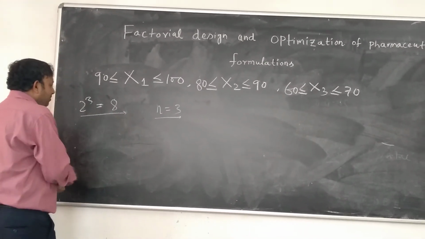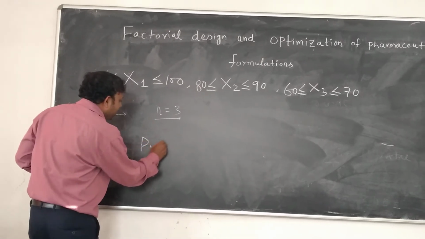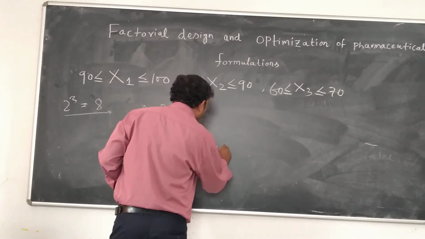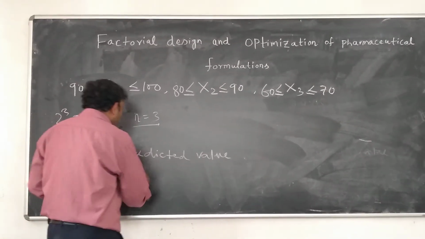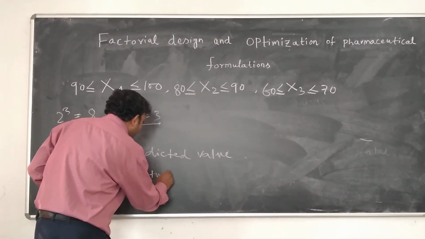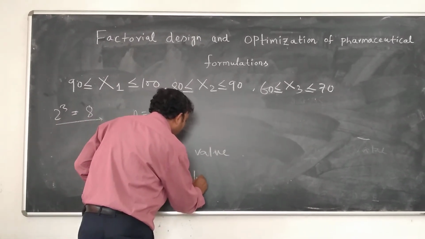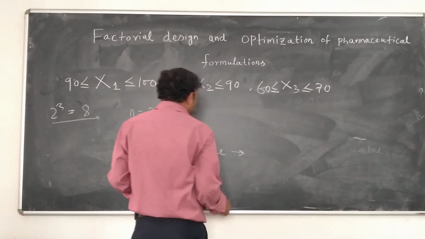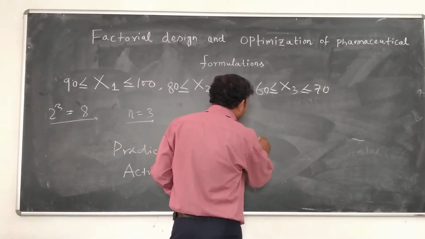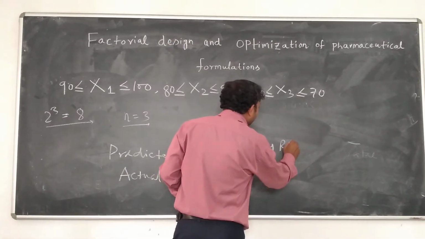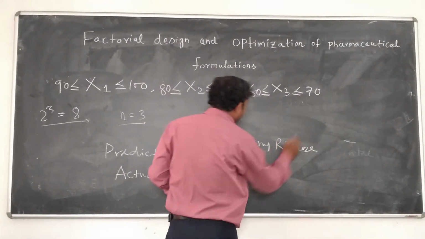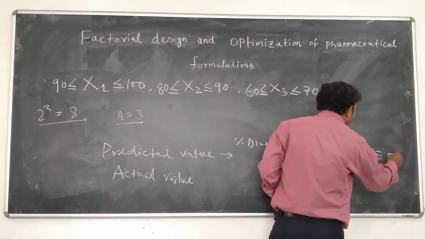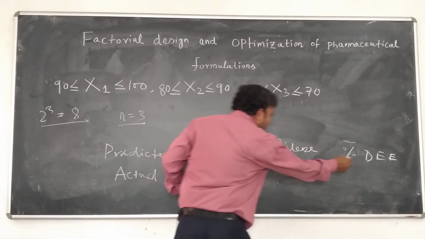The software also gives a predicted value and an actual value. The predicted values are the percentage drug release and, for example, the drug entrapment efficiency.